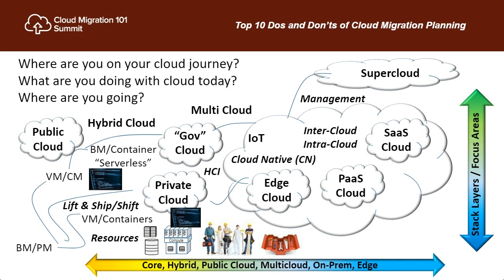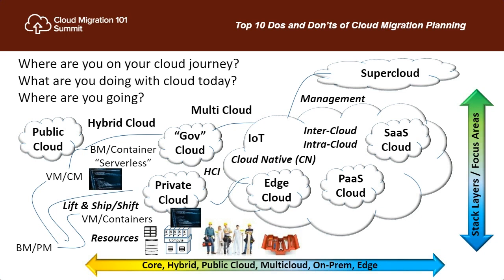But also, what is the context of that migration? Are you simply going from on-prem, a lift and shift? Are you going from physical machine, bare metal, to virtual machine, from on-prem virtual machine to cloud virtual machine, or containers? There are a lot of different aspects, hence this start-off question.